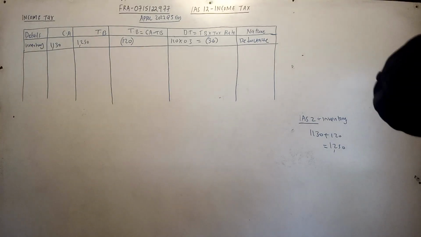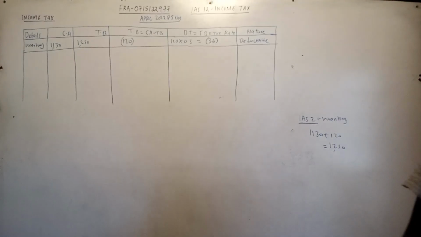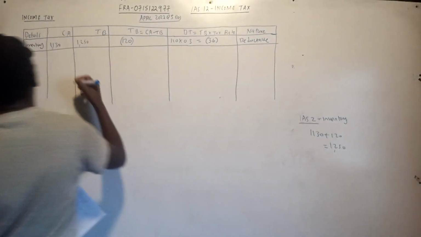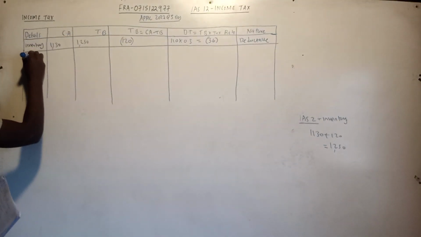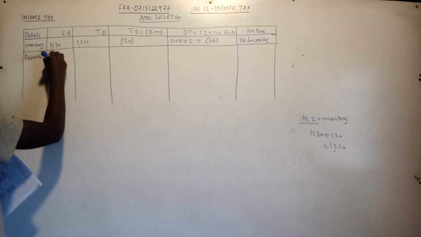Next, trade receivables have a carrying amount of 450, after making a provision for doubtful debt of 30. Remember, provisions are not taxable, and we said any provision we add back to get the tax base. So receivables is 450.